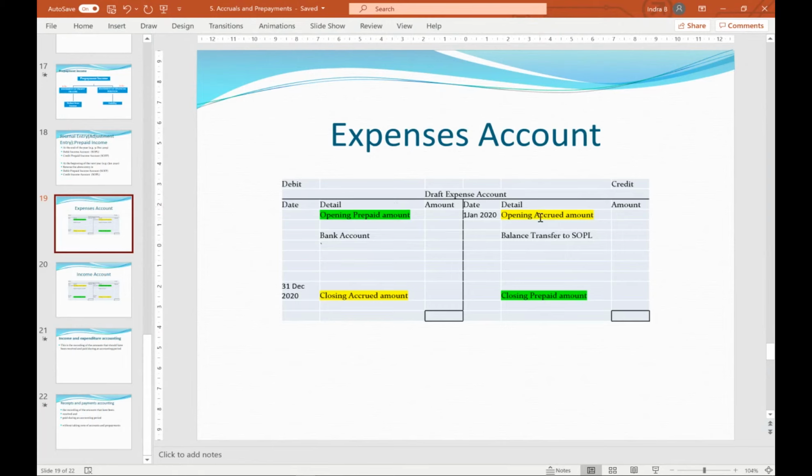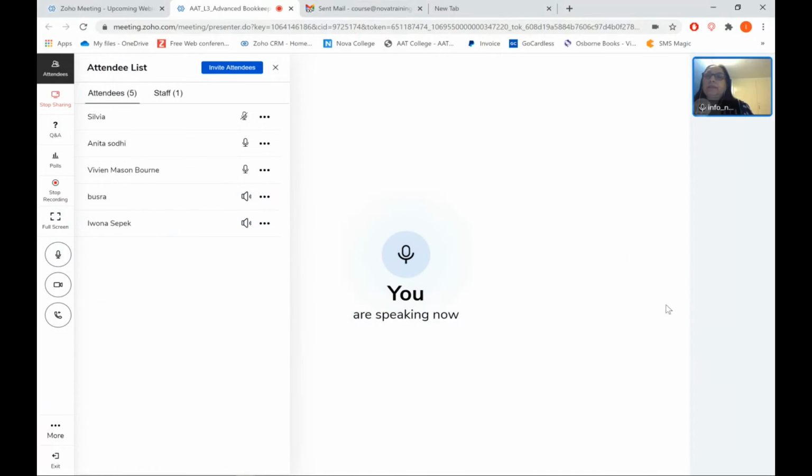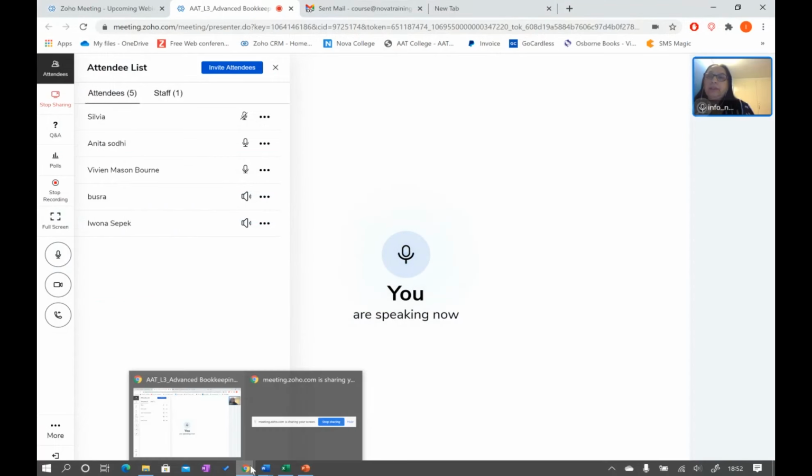Either this will be there or this will be there. Similarly, either this or this. It's not that always two yellows and two greens will be there. No, it can be one yellow and one green, anything. So we'll see when we come to the question, then you will see how it makes sense. But the main thing is understanding the concept. Why are we doing accrual and prepayment adjustments? Okay. So let me open the book.